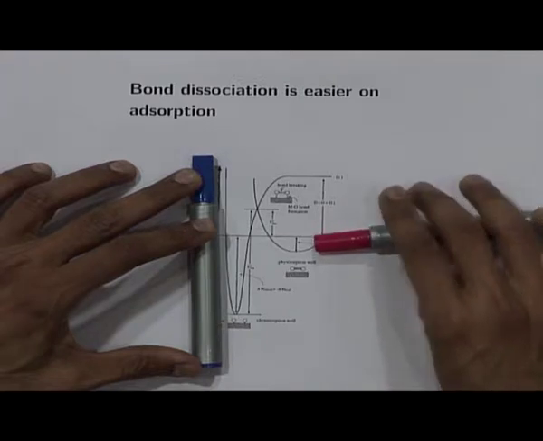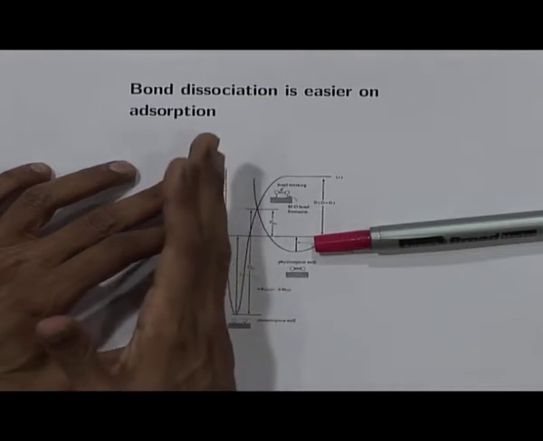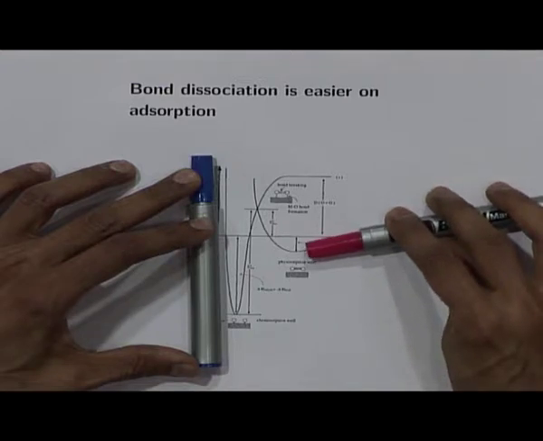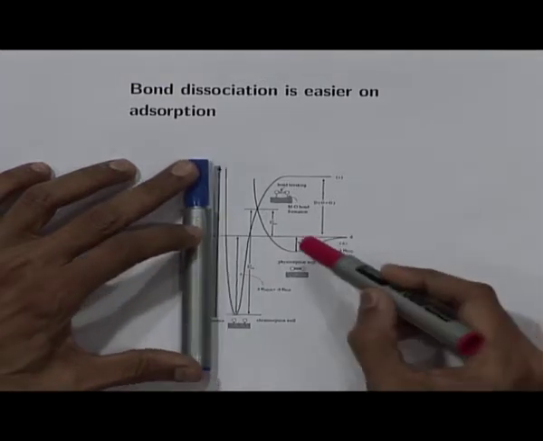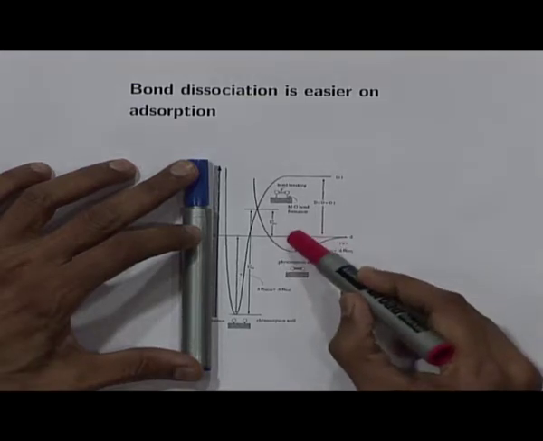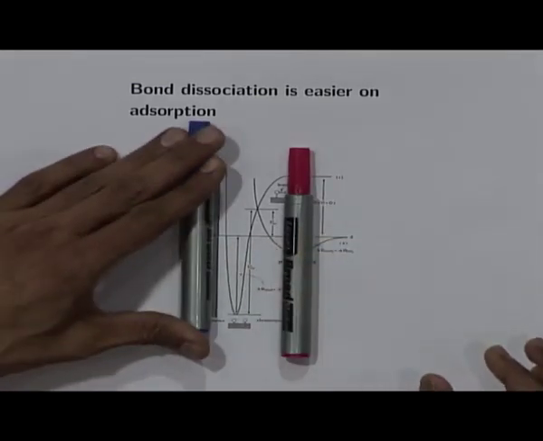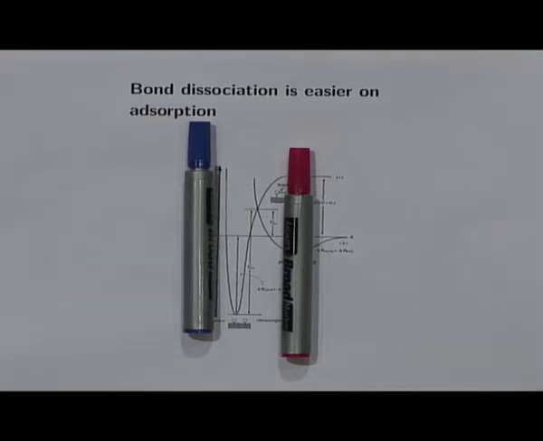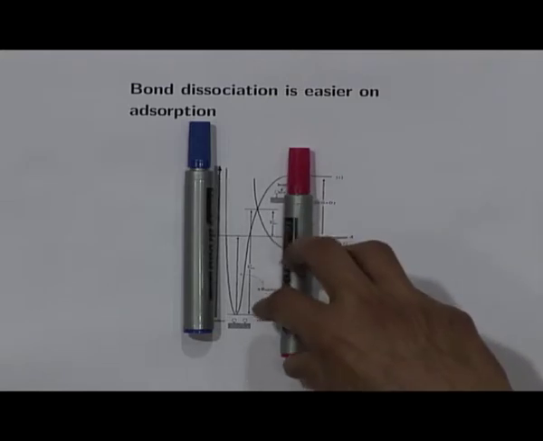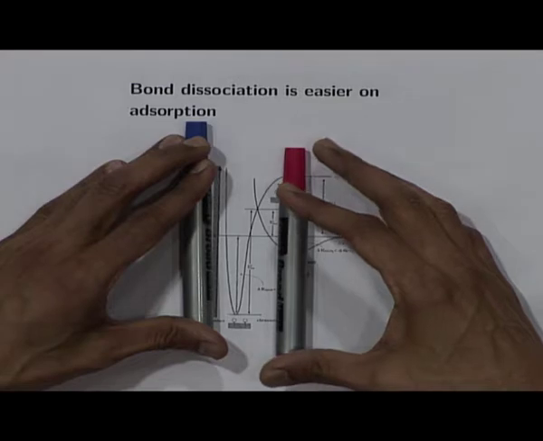Because of this intermolecular attraction between the surface, which is made up of, let us say, metal atoms, and oxygen, there will be an attractive interaction, and this leads to a decrease in energy. This point here corresponds to when this diatomic molecule is attached to the surface like this. This is your diatomic oxygen, one oxygen atom here, one oxygen atom here, and this is your surface, and it has attached itself to this.